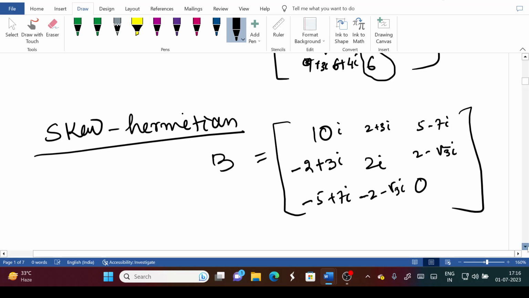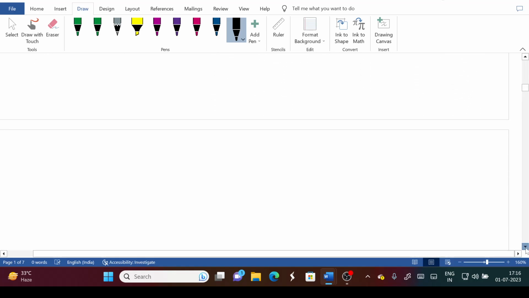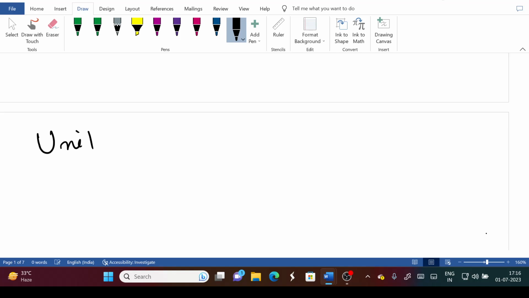Okay. Now, unitary matrix. What do we mean by unitary matrix? Hermitian is the generalized version of a symmetric matrix. That means if a Hermitian matrix is real, then it is symmetric. If a skew Hermitian matrix is real, then it is skew symmetric. If a unitary matrix is real, then it is an orthogonal matrix.